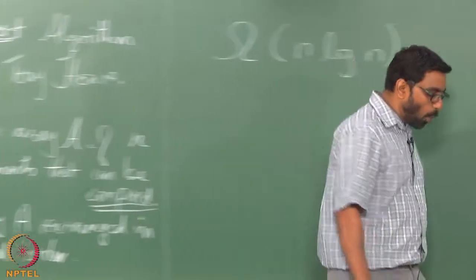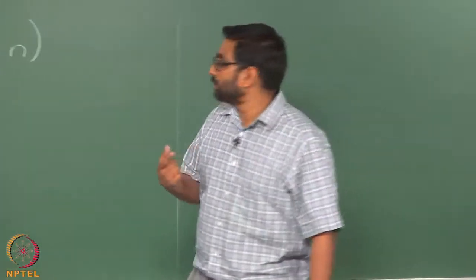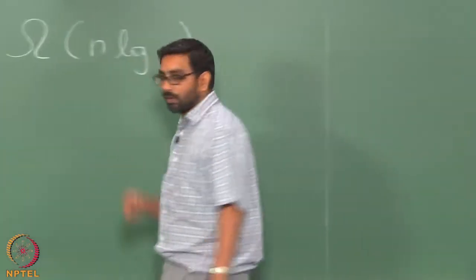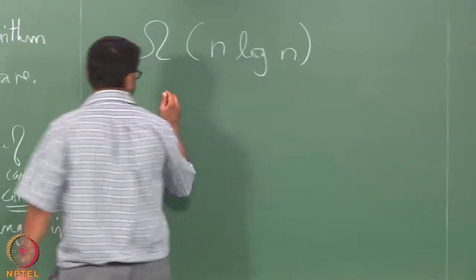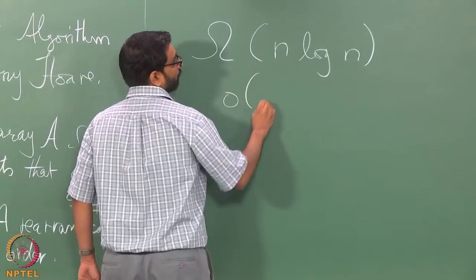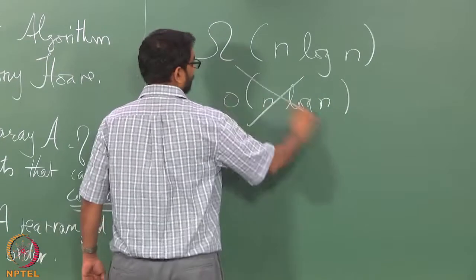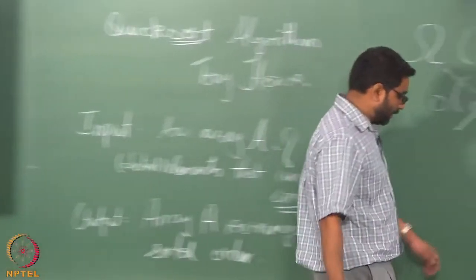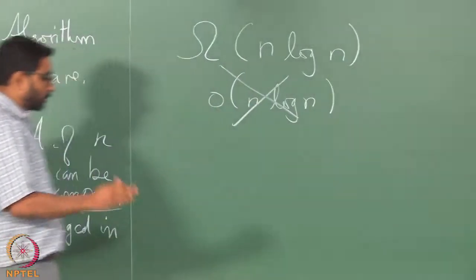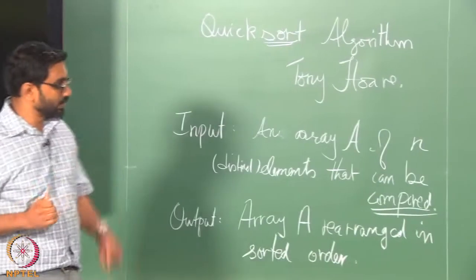So there is no hope of getting an algorithm that runs faster than n log n. In other words, an algorithm that runs in little o of n log n in this context simply does not exist. So we have to live by this bound.